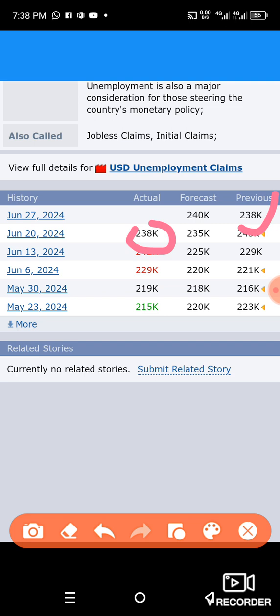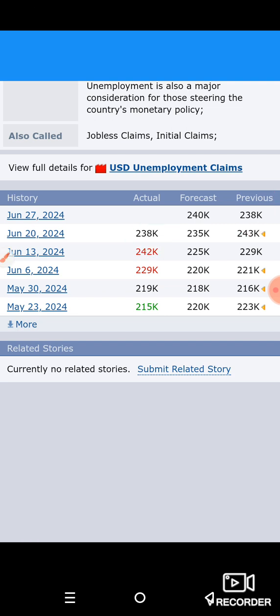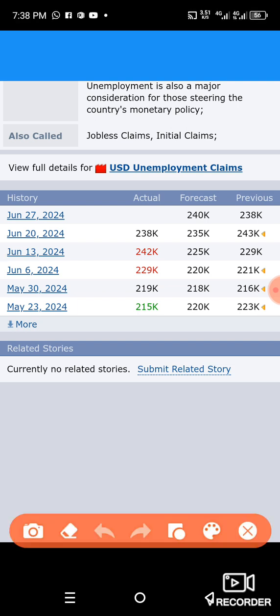Yes, it doesn't work for all those ones. If you come here now, you can see like this one, actual is 228, forecast is 220, while previous is 221. On this one now, you can see USD is going to do what? Buy. If it's something like GBP USD, you are going to sell.